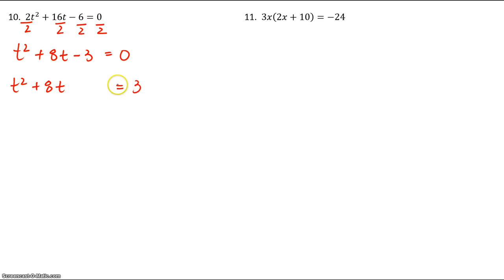Now let's figure out what's going to be added to both sides. I take the b term and say 8 divided by 2 and square it. So 8 divided by 2 is 4, squared is 16, which means I'm going to add 16 on the left and to the right.